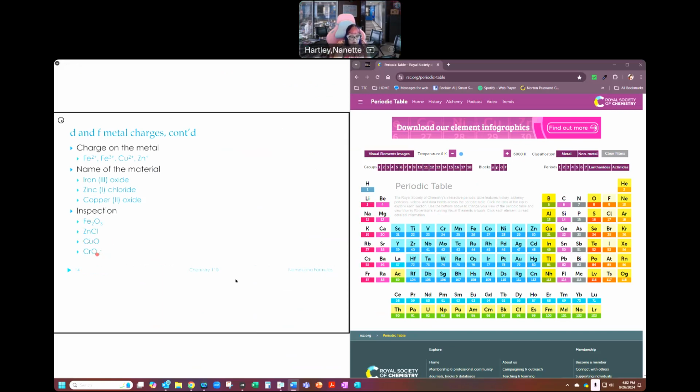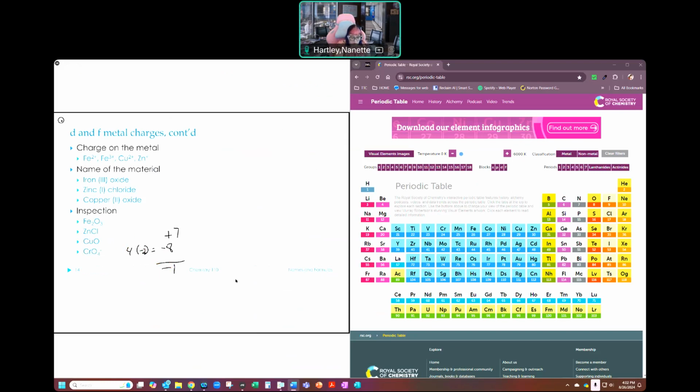Again, if I know that each oxygen is -2, 4 times -2 equals -8. I know the overall charge is -1, so that means this chromium has to account for +7 to give you that -1 charge.